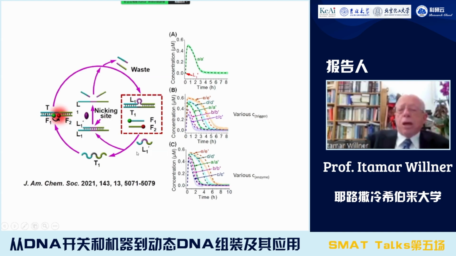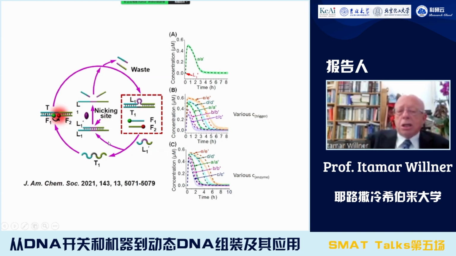If we apply a trigger on this reaction module, and we include in the reaction module also a nicking enzyme, the trigger L1 will displace this duplex to generate a duplex L1 prime L1 and will release the strand T1.